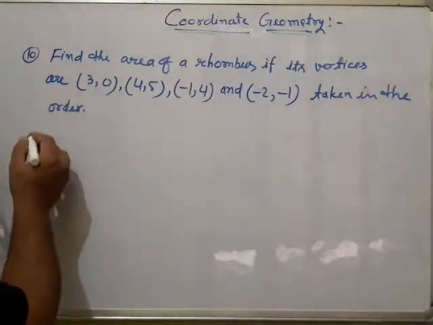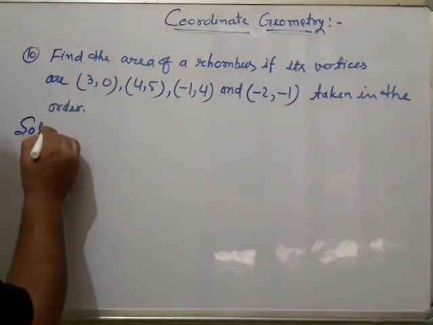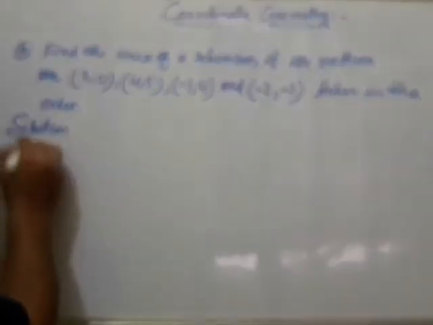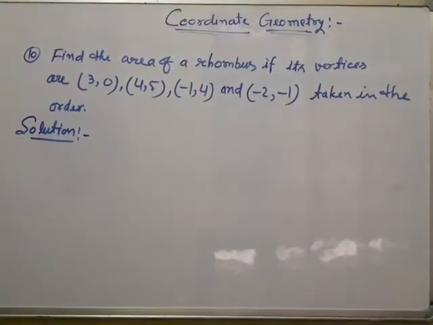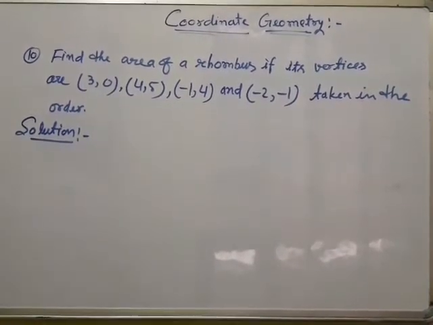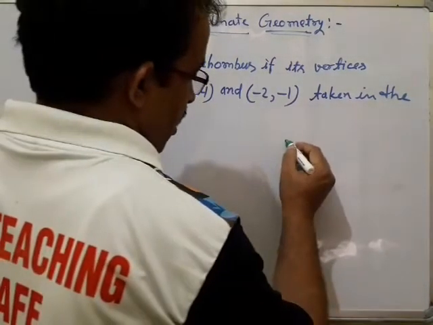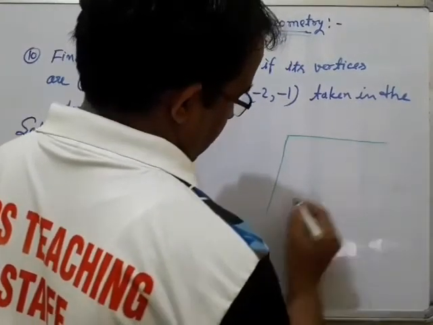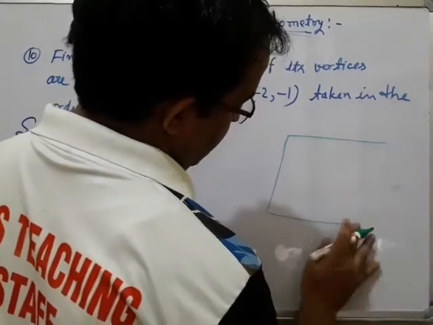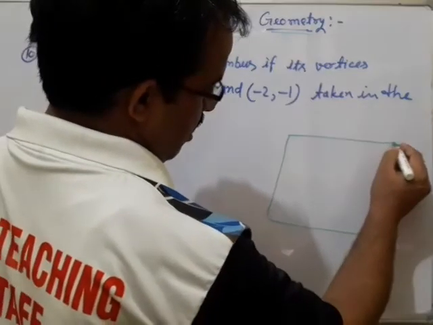So look here at the solution of this problem. Now it is given that first we draw the figure of the rhombus. Clear? The figure of the rhombus, you know that, just like a square, but all angles are not 90 degrees. Clear?